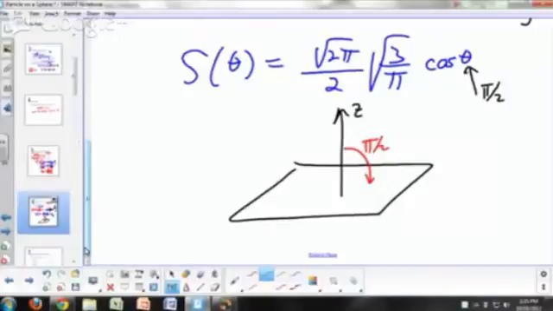A point on the xy plane, or in this particular case, more specifically, a point on the equator, because we're talking about a point on a sphere. Right? So we say that the midsection of your sphere is a node. The probability of finding the particle there is 0. Okay? So this s of theta will be positive above and negative below the equator.